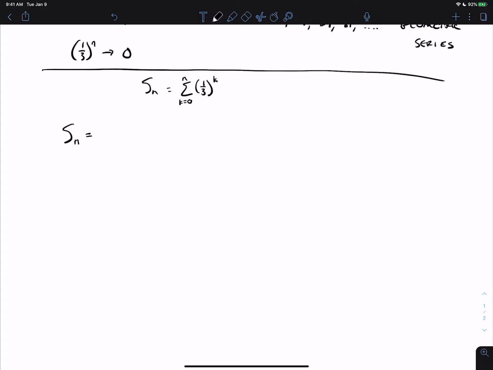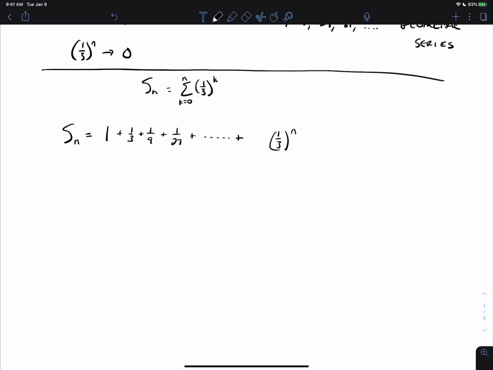So Sn is the sum from 0 to n of 1/3 to the k. So if I plug in 0 for k, I get 1. If I plug in 1, I get 1/3. If I plug in 2, I get 1/9. I plug in 3, I get 1 over 27. And assuming n is very large, I keep going until I get 1 over 3 to the n, or 1/3 to the n power. And this stops.